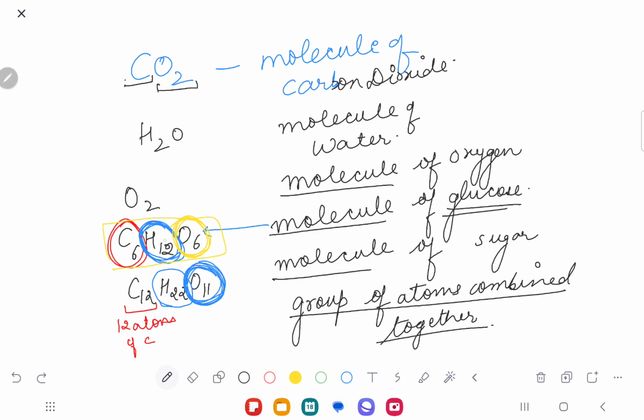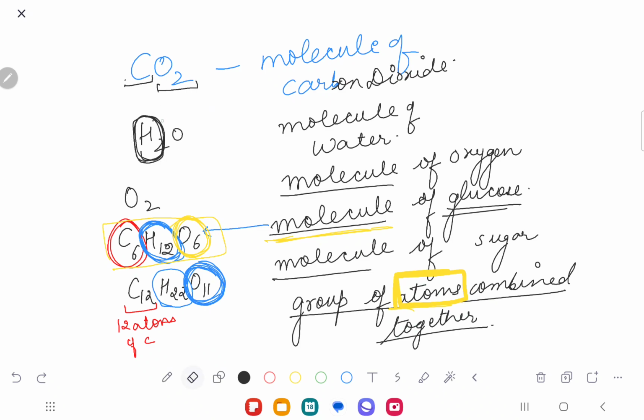So basically, every molecule is made up of atoms. I hope you're understanding my point. H2O, what is that? Every molecule is made up of 2 atoms of hydrogen and 1 atom of oxygen.